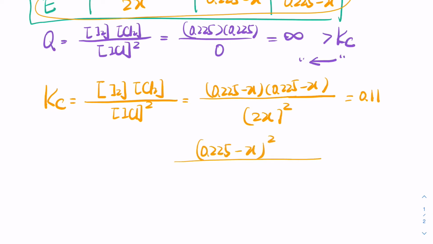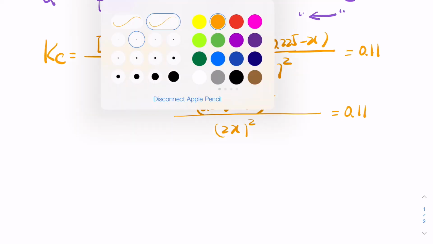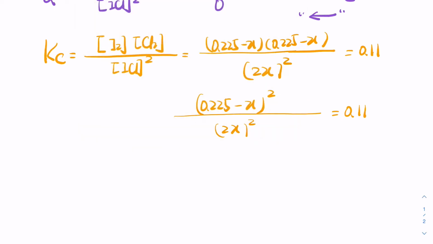I should be pretty happy about this situation: you have 2x squared on the bottom and the whole expression equals 0.11. Since you have a square on top and bottom, you can take the square root. If you didn't have this perfect situation, and your equilibrium constant were small enough, the change involved in an addition or subtraction could be small enough to use the small approximation.